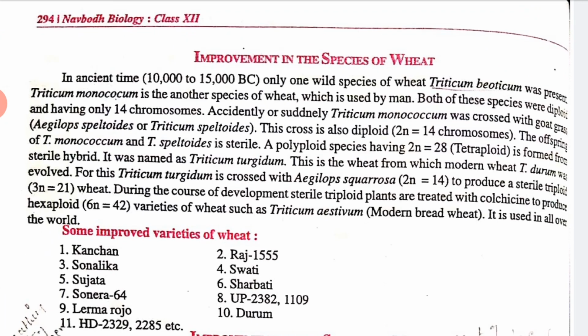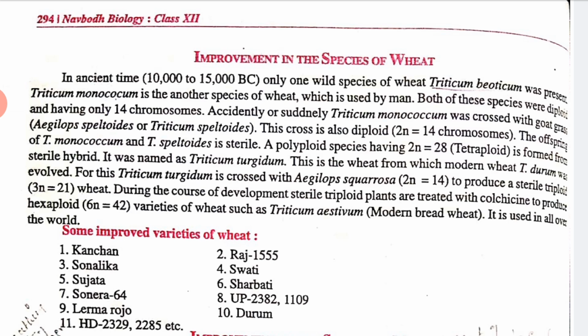The next topic is improvement in the species of wheat. How will we improve the species of wheat? In ancient time, 10,000 to 15,000 BC, only one species of wheat, that is Triticum, was present. But Triticum monococcum is another species of wheat which was used by man.